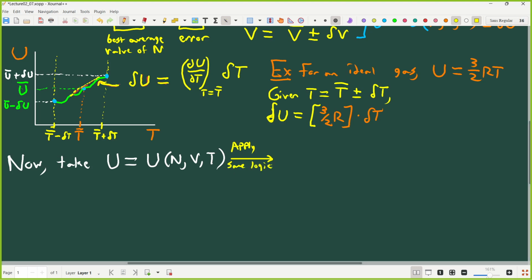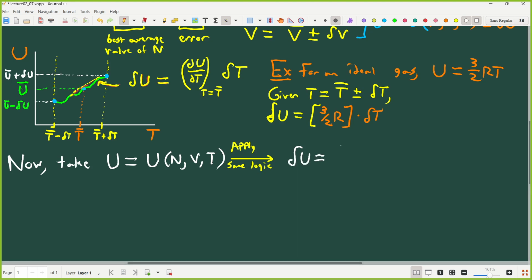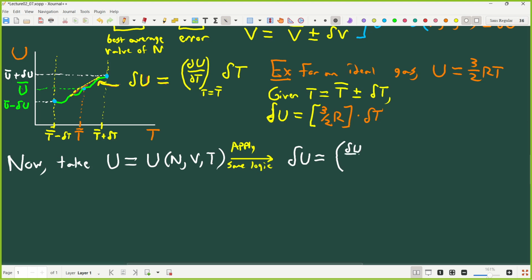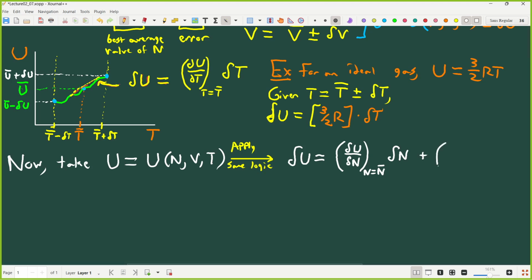And you would say, okay, well, if I apply the same logic, then that means that the error in u is going to be equal to the partial derivative of u with respect to n, evaluated at the value of n that you measure, n bar, times the error in n, plus the same thing for the other variables, du dv, where v is set to v bar, times delta v, the error in v that you measure.